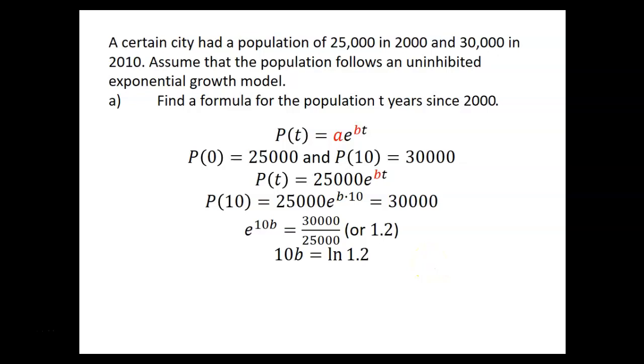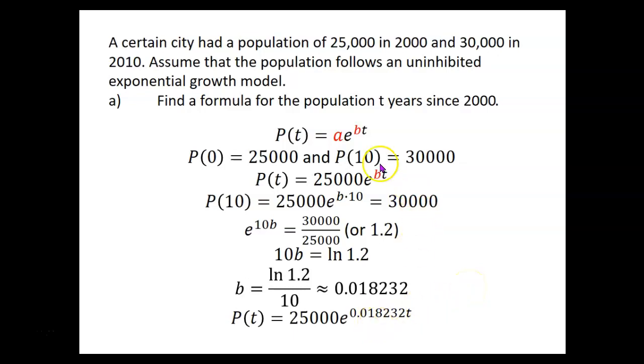Then b would be the ln of 1.2 divided by 10, which is approximately 0.018232. So now our formula is P of t equals 25,000 times e to that number for b, times t.